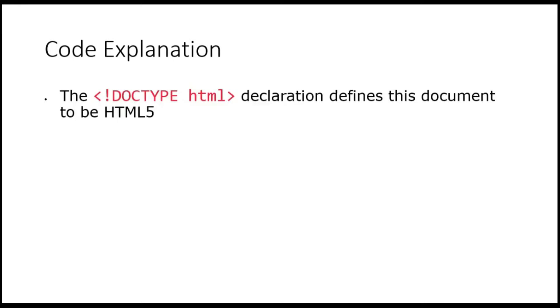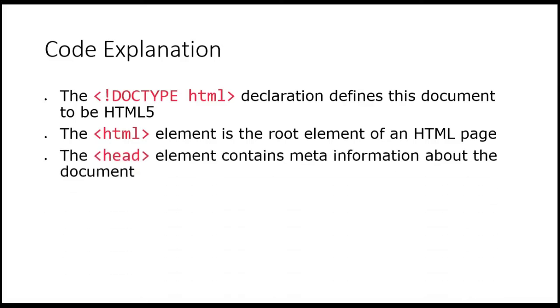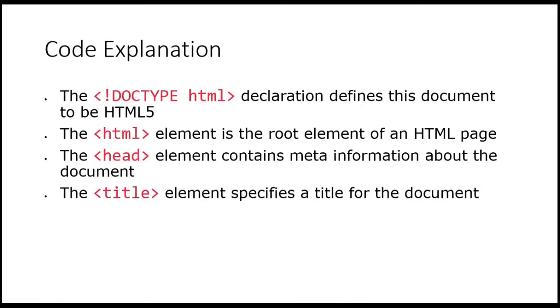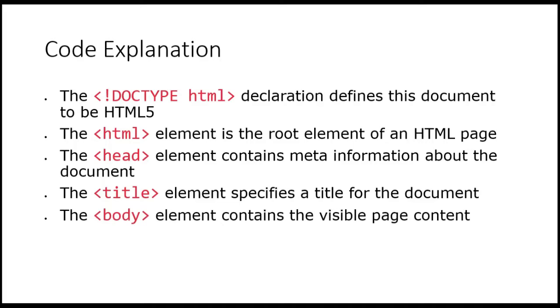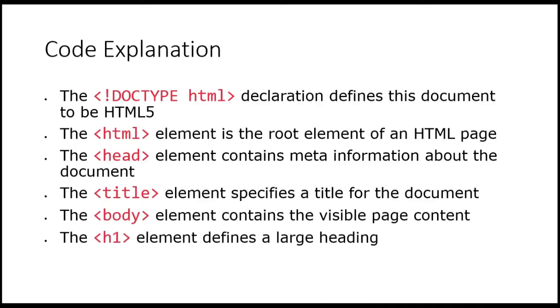The HTML element is the root element of the HTML page. The head element contains meta information about the document. The title element specifies a title for the document. The body element contains the visible page content. The H1 element defines a large heading. The P element defines a paragraph.